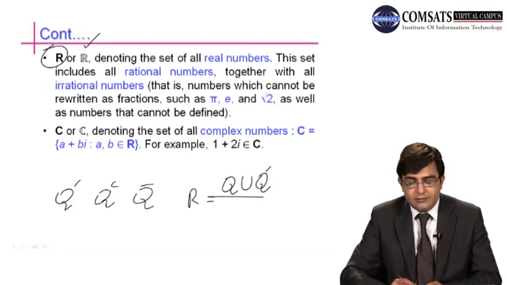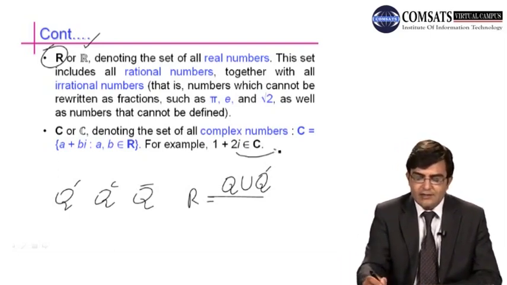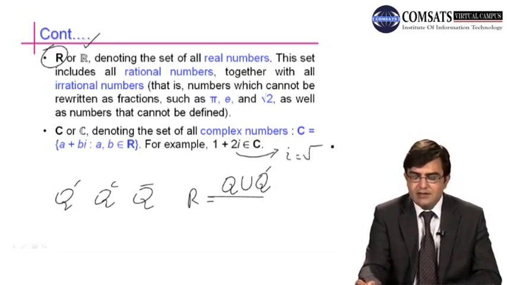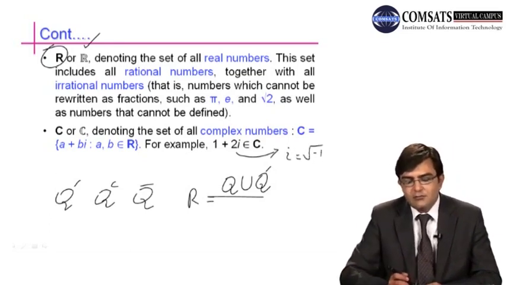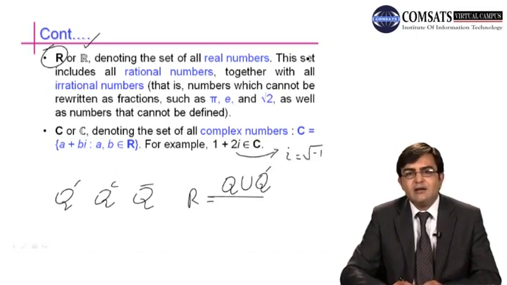Another very famous set is the set of complex numbers, which contains complex numbers a plus ib, where this i in complex numbers is called iota, and this iota is equal to the square root of -1. Such numbers are called complex numbers, and the set of complex numbers is usually denoted by capital C. So these are basically the special sets.